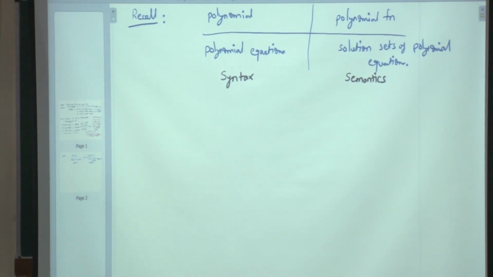Polynomials and polynomial functions. If I tell you x square plus y square minus 1, is it true? Does the question make sense? No. Something for which the question doesn't make sense, those things are called terms.